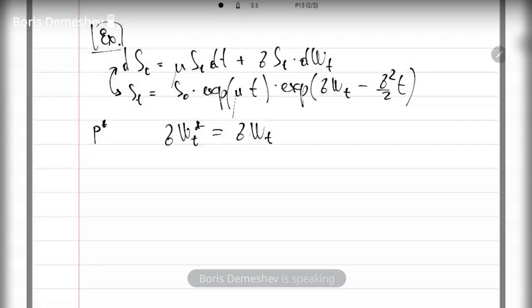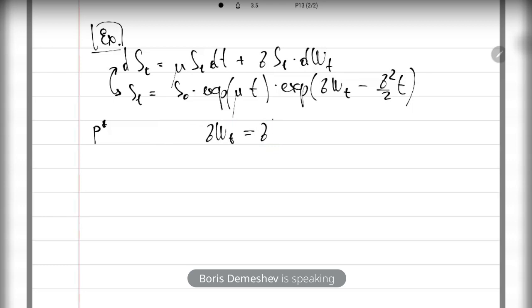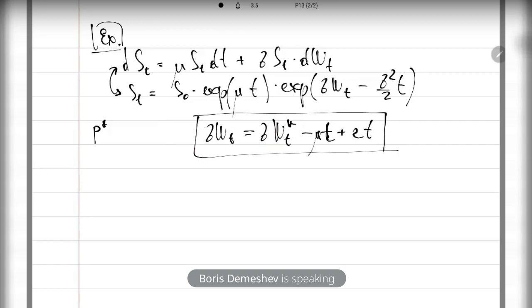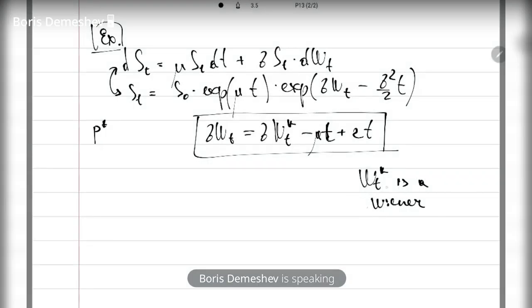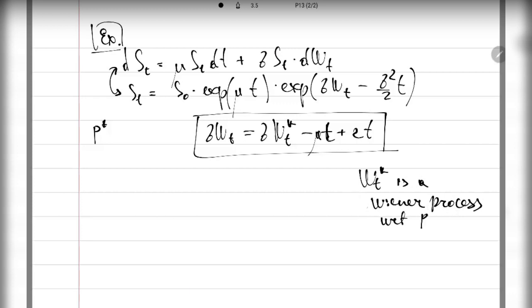So we have the following definition: sigma WT is equal to sigma WT star minus mu T plus RT. We have the following link between WT and WT star. WT star is a Wiener process. So that's a summary from our previous practice session. WT star is a Wiener process with respect to P star.